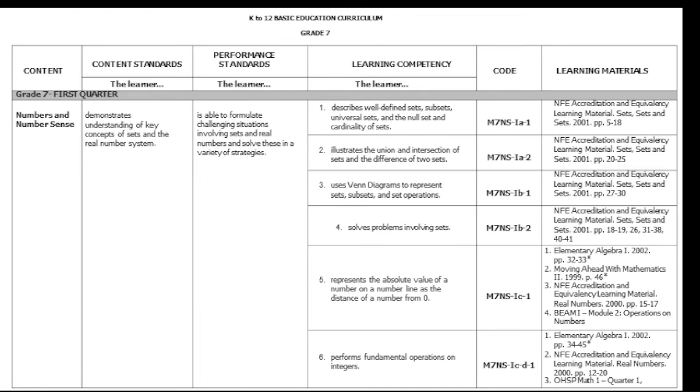Next, they already know what to know. Now, what to do? This is the performance standard. They are able to formulate challenging situations involving sets and real numbers and solve them in a variety of strategies. You can be guided by the performance standards on what you want them to do.